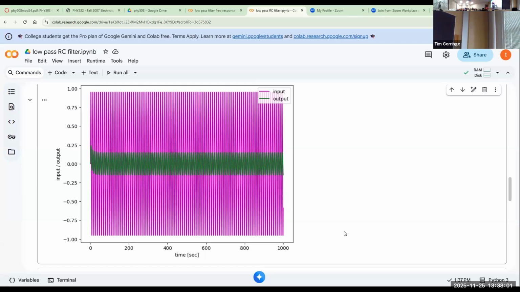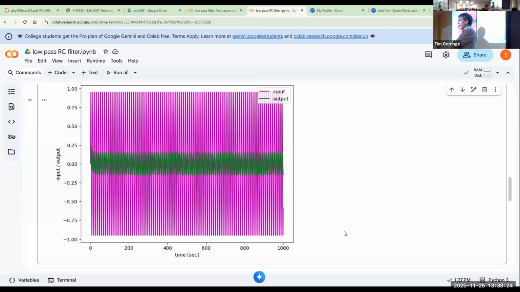We see the same frequency for the output, but we see it strongly attenuated as I'm getting close to the RC time constant of the filter. It's strongly attenuated. And well, it's very hard to see on this plot, but there's a big phase difference between the input and the output signal.